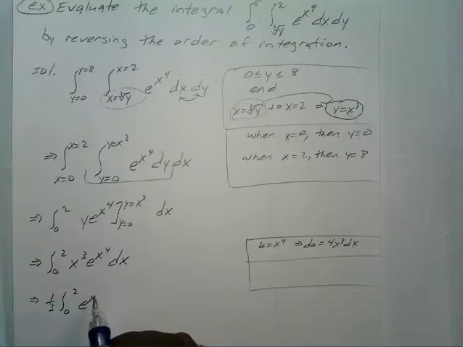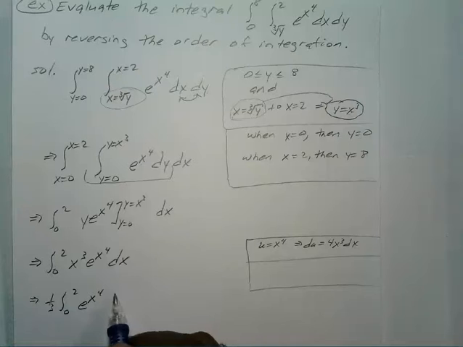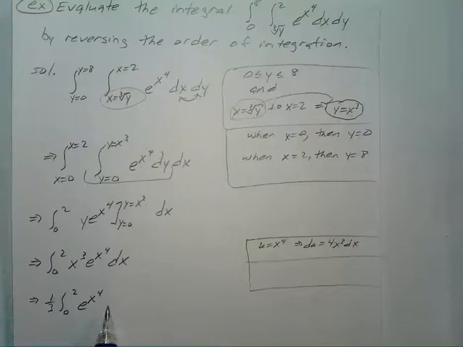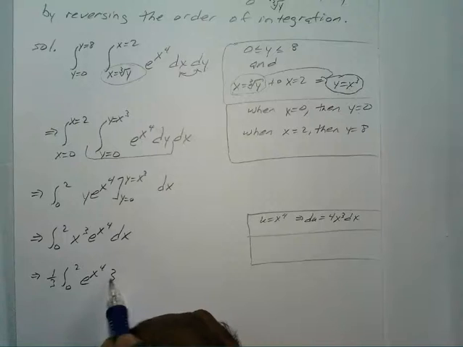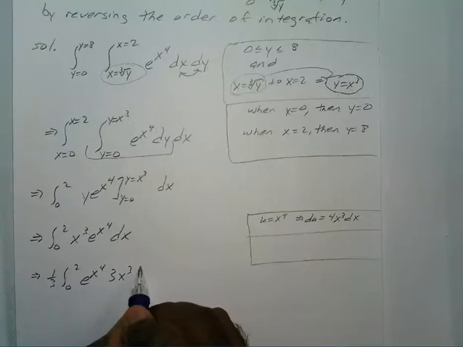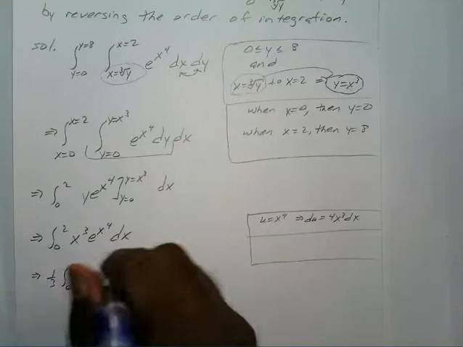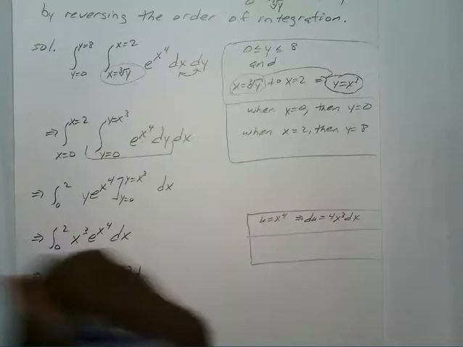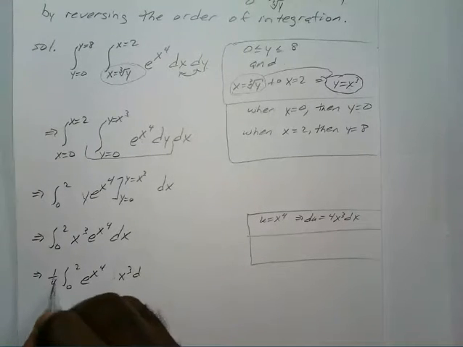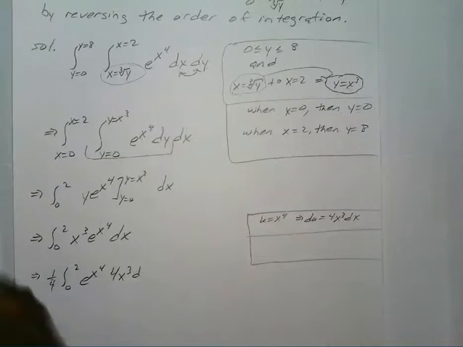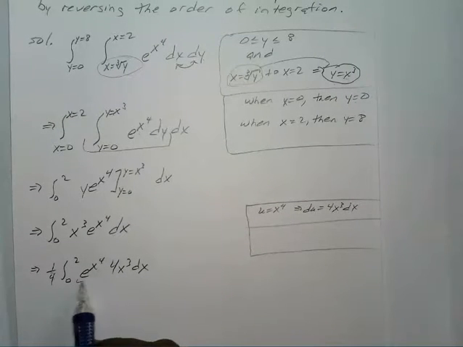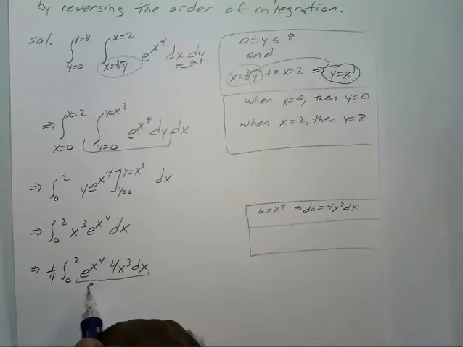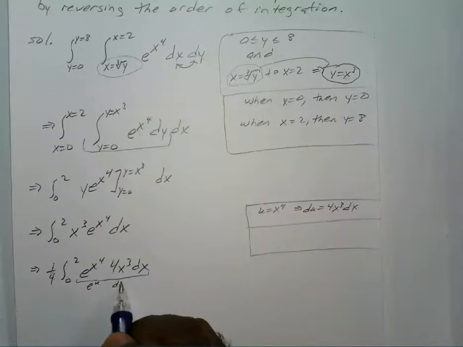And we have e to the x to the fourth. We're going to move that over here, but we're going to multiply it by 4. If you remember, your 4 and your 1/4 will cancel out, so you have 4x to the third dx. Oh, I'm thinking of my x to the third, and that should have been 4. 4x to the third. There we go. dx.